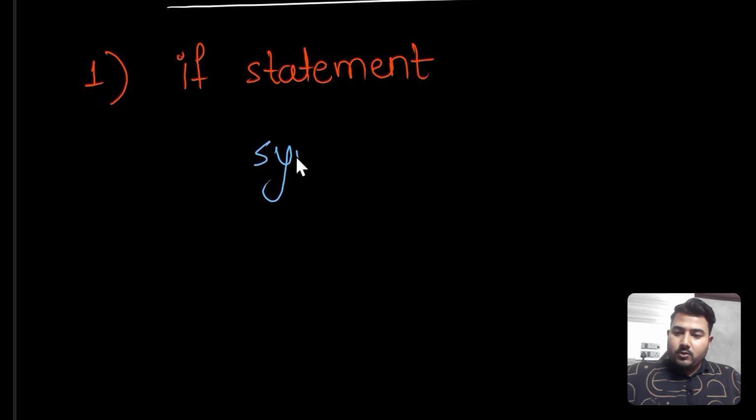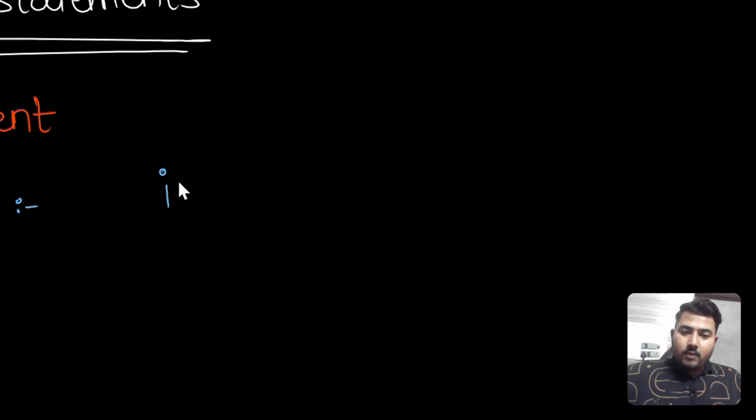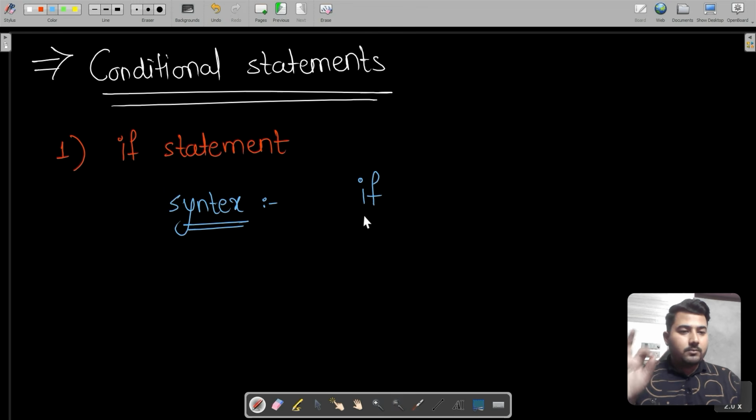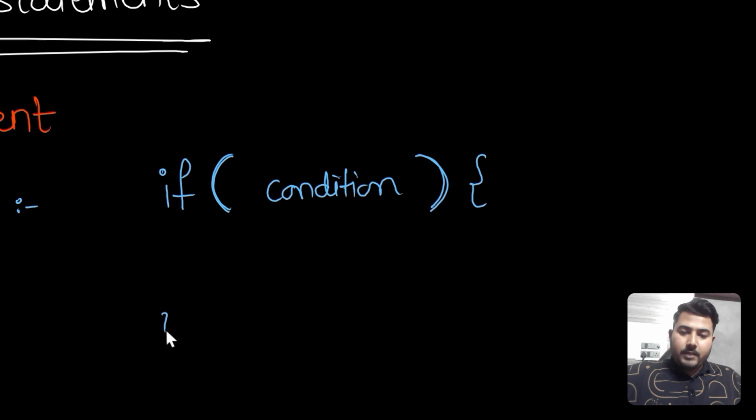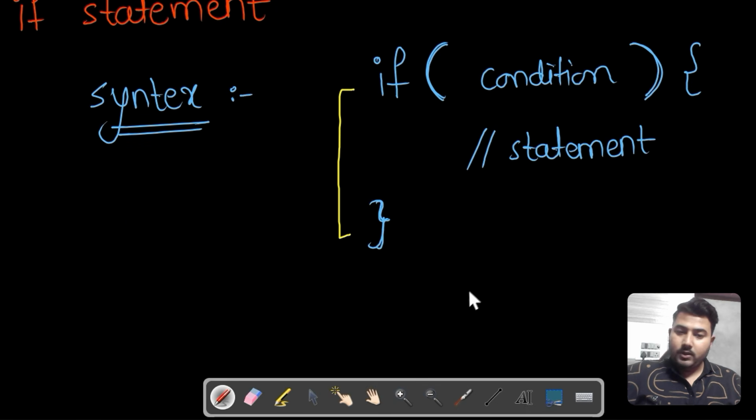I will write down the syntax with a different color pen so that it will be much clearer. What the syntax would look like is, you simply write down the word if. By the way, it's a keyword. I would just like to mention it here. And inside the parenthesis, you are going to place a simple condition. Within curly braces, you are going to place the body. So this is what it would look like.